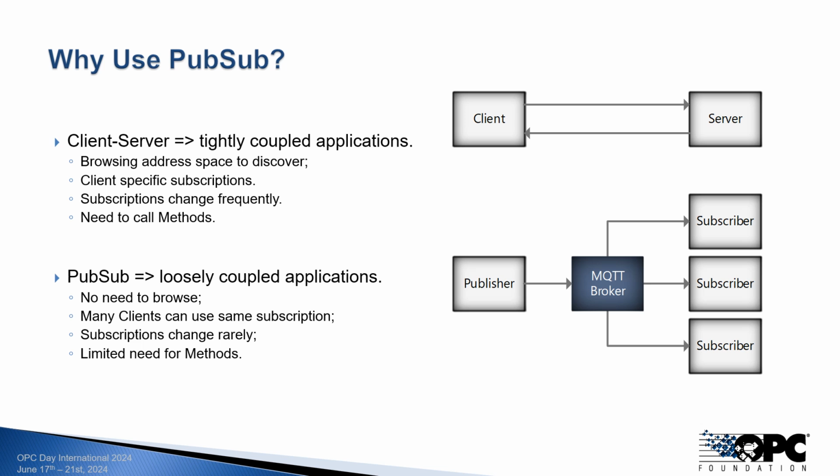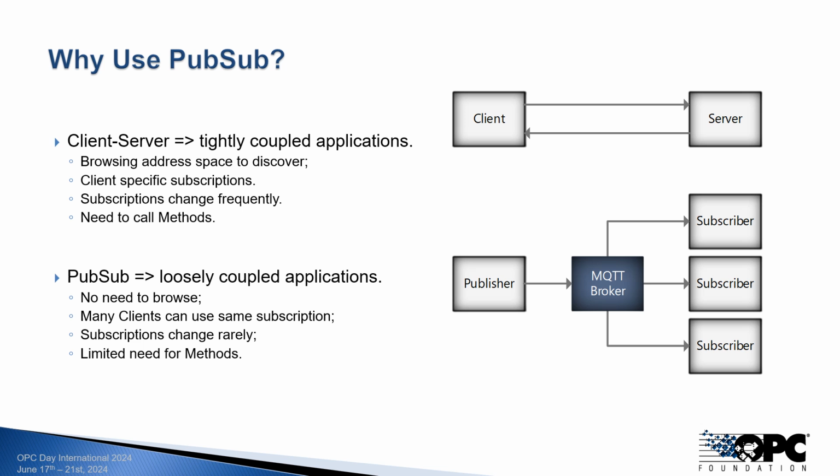Client server is designed for tightly coupled applications where there's a need to browse the address space to discover data and events that are available. Each client has its own specific needs in terms of what data and events it's interested in and sets up its own subscriptions. These subscriptions can change often based on the changing needs of the client.